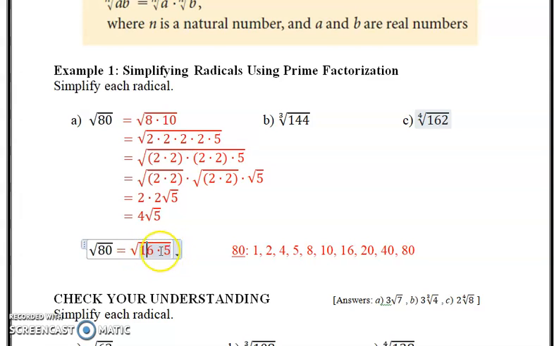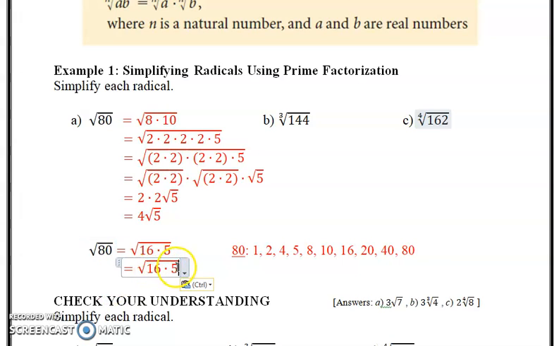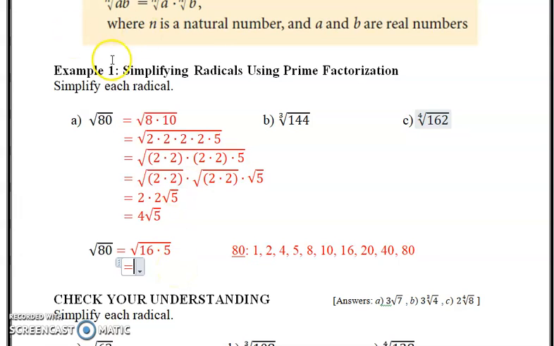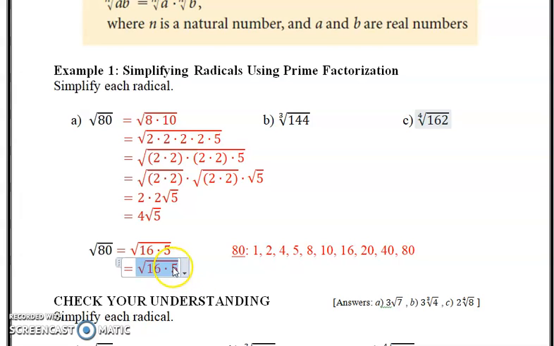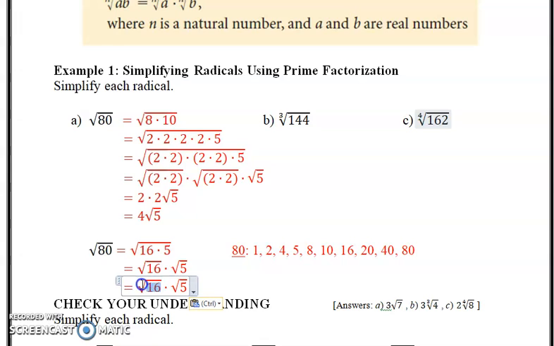So then we split this into two radicals. That's equal to the square root of 16 multiplied by the square root of 5, and we know that the square root of 16 is equal to 4, so then it becomes 4 root 5.